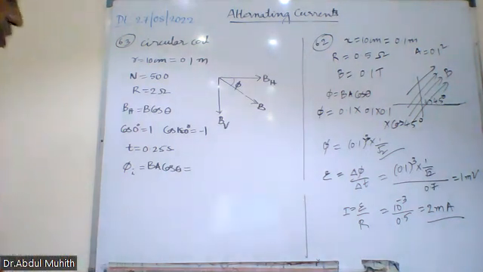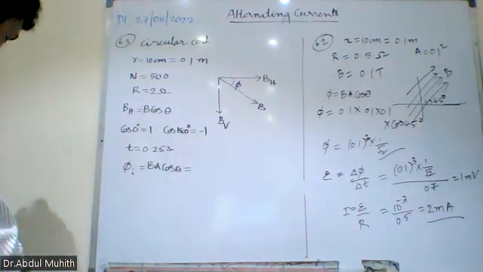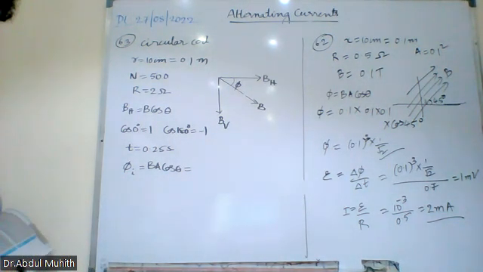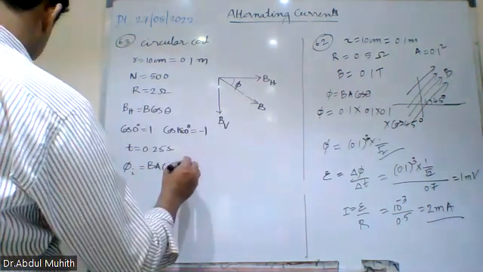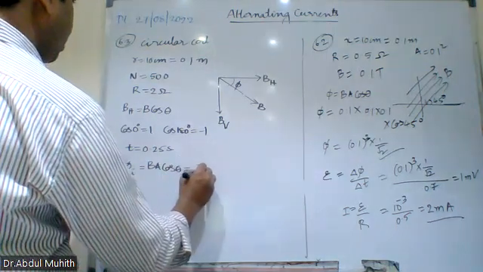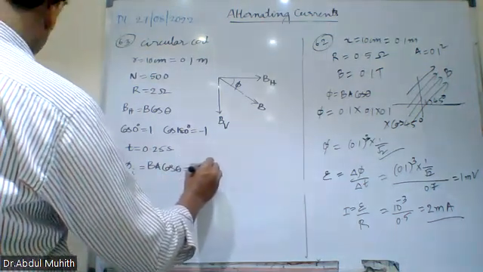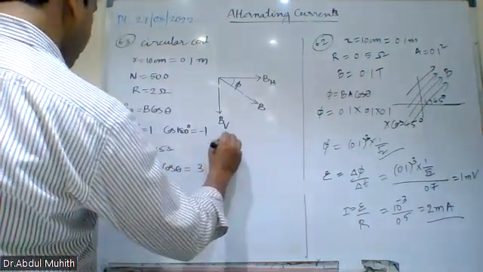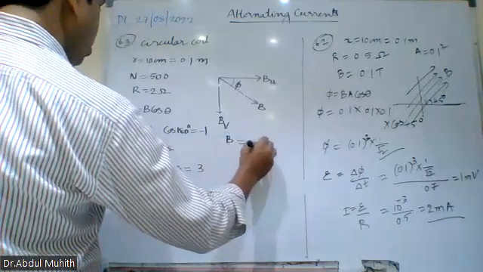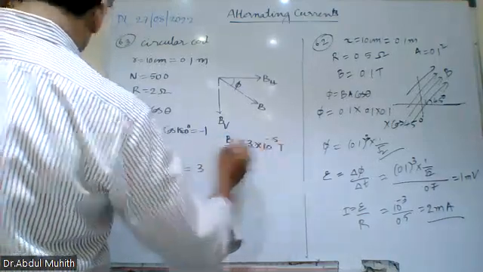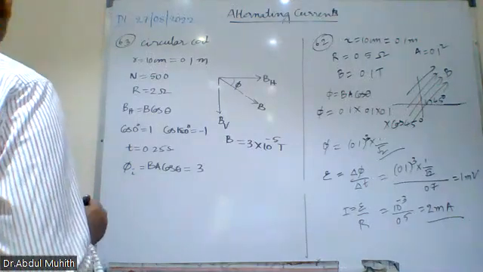Why B cos theta? Because we have to find out the angle. It is making an angle 0 degrees and 180 degrees. So it is B cos theta. So B is how much? The magnetic field is given here. B is equal to what? 3 into 10 to the power of minus 5 Tesla.